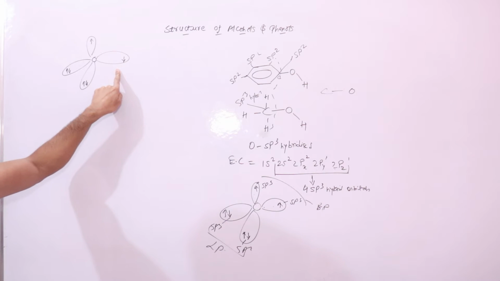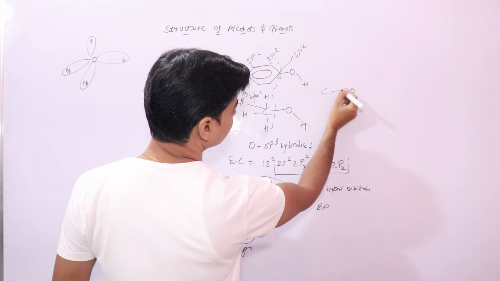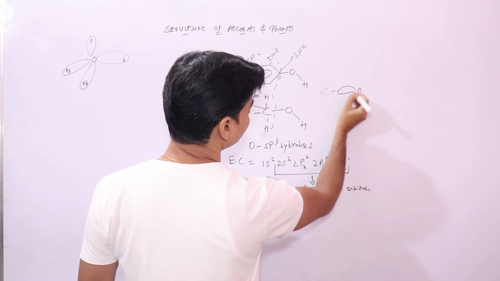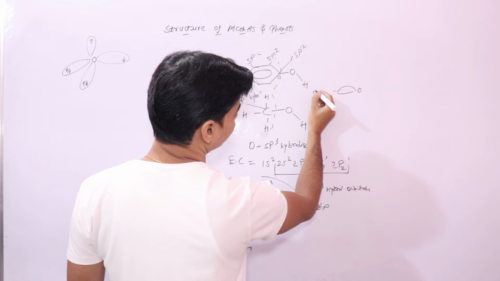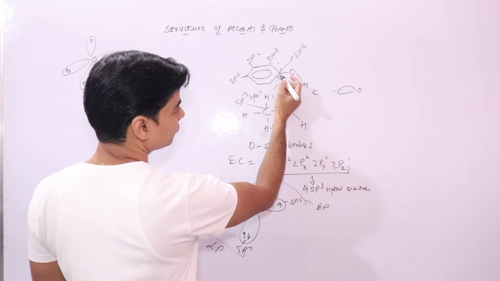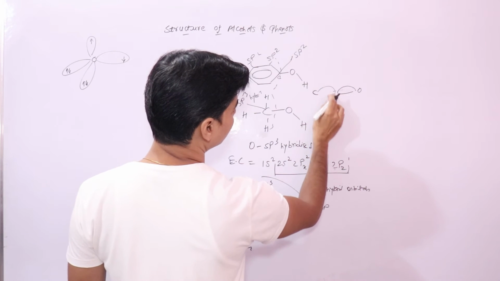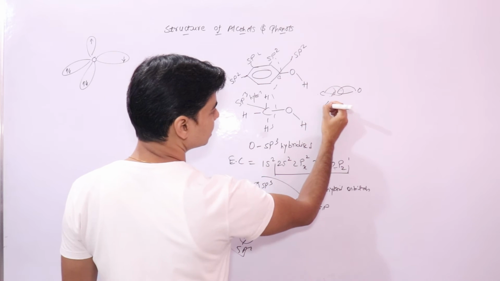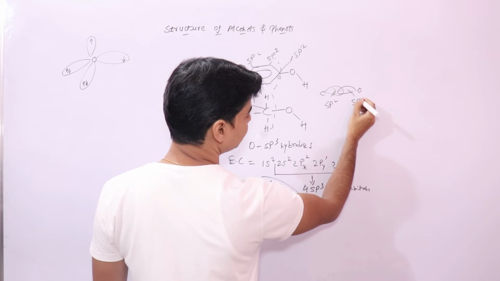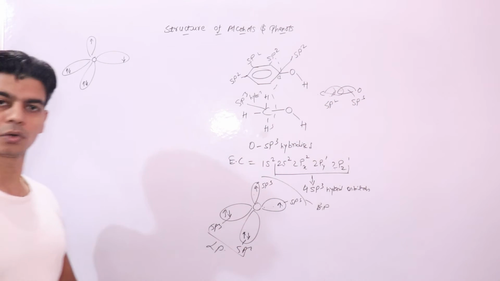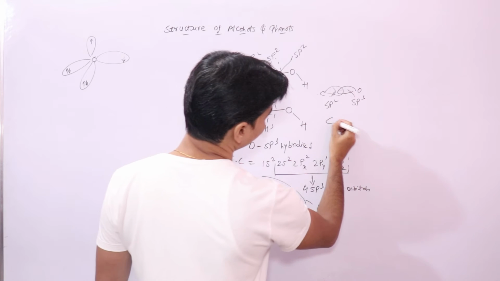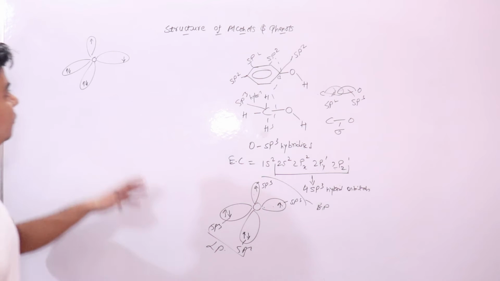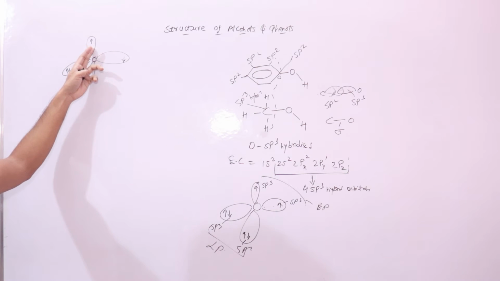One of its singly occupied orbitals will overlap with the sp2 hybrid orbital of the carbon atom. This is sp2 of carbon and this is sp3 of your oxygen atom, to form this carbon oxygen sigma bond.